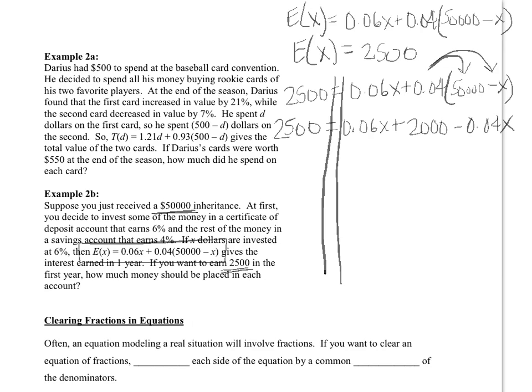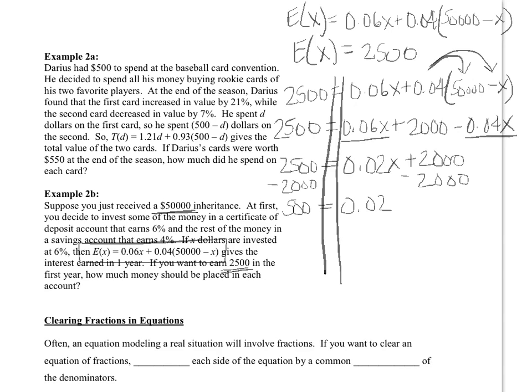I'm going to combine like terms. I have a 0.06x and a minus 0.04x. So 2,500 equals 0.02x plus 2,000. I'm going to subtract 2,000 from both sides. I have 500 equals 0.02x.